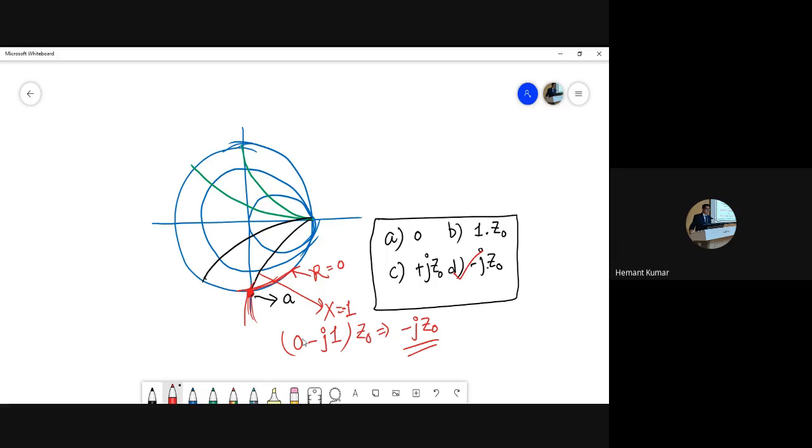Right? Okay. Now let me ask you, suppose this circle is X is equal to 1 by 2.